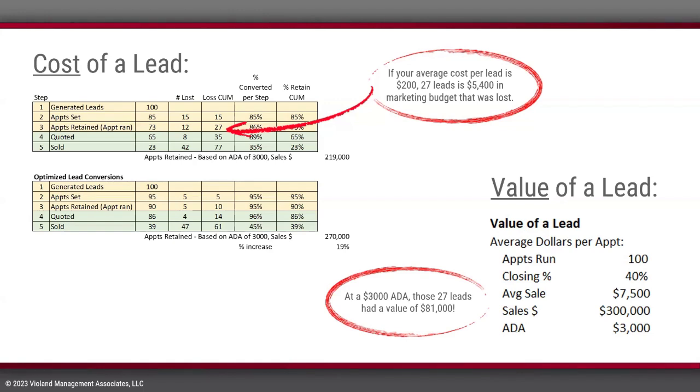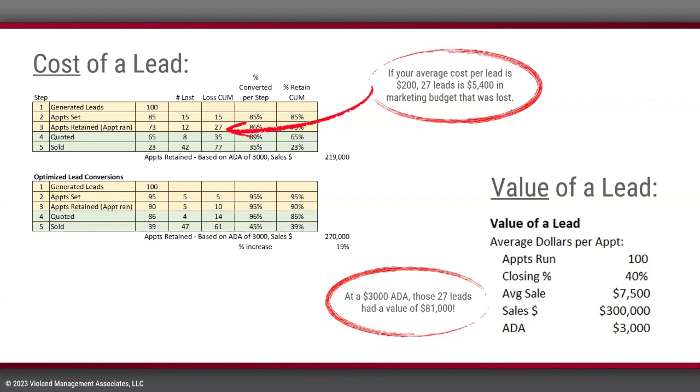So if you were to set 100 appointments and get your salesman in front of those homeowners, and let's say they closed 40% of them at an average sale of $7,500, that represents $300,000 worth of sales, or $300 per appointment run. And this is for all appointments run, whether they sold or not.